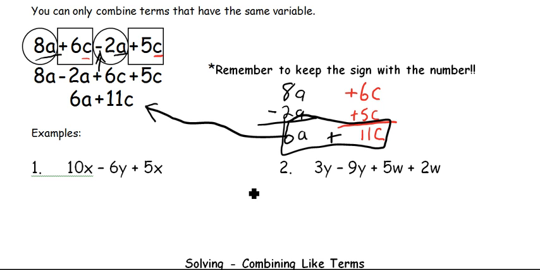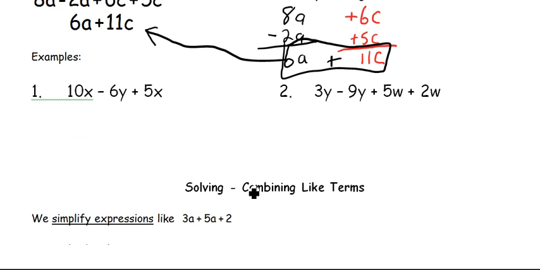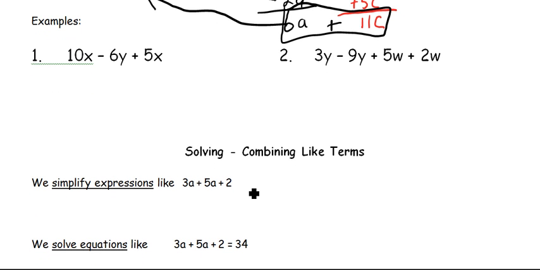All right, let's look at example number 1 here. And I'm going to put a box around the terms with an x. Notice how I'm including the plus sign here. And I'm going to circle the y.